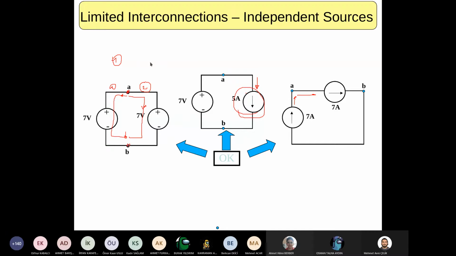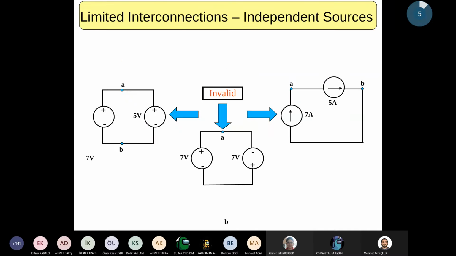In this slide, all the representations are valid, whereas in this slide, all of them are not. Sorry about this, this was supposed to be in here. The potential difference from A to B on one side is 7 volts and on the other side is 5 volts, so this is not valid.